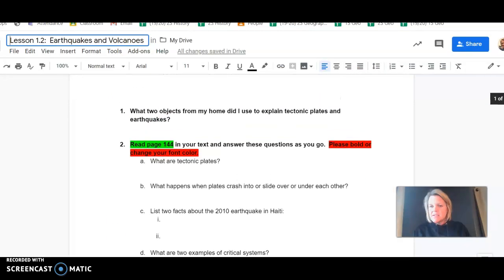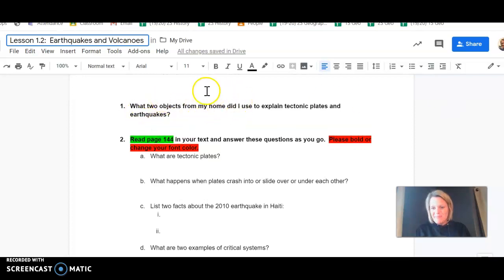You're going to start by answering a question about this object lesson that I just gave you. And then you're going to read page 144 in your book. So you're going to read the first question and then read in your book until you find that answer. Read the second question and continue reading until you find that answer. That will give you a purpose for your reading.